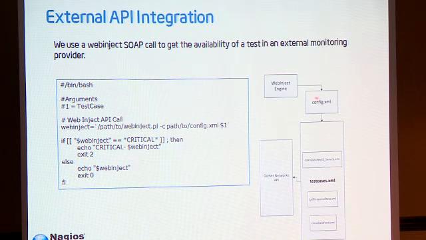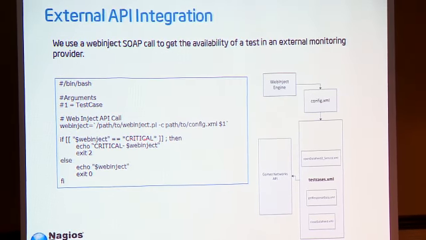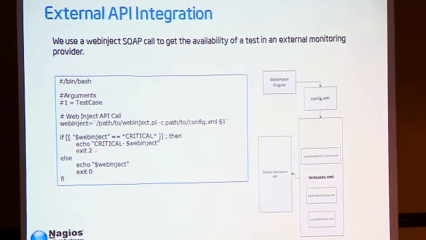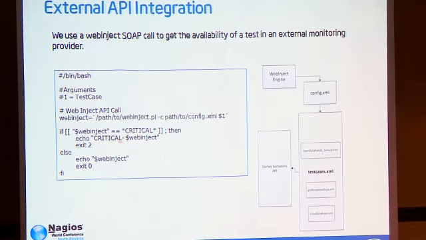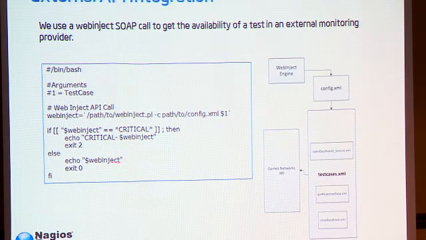In this case, we just open the data feed, get the response, and close the data feed. If we receive some kind of critical, we put the service in critical with an exit 2. If not, we just put the response that we're receiving with an exit 0, that is the OK.